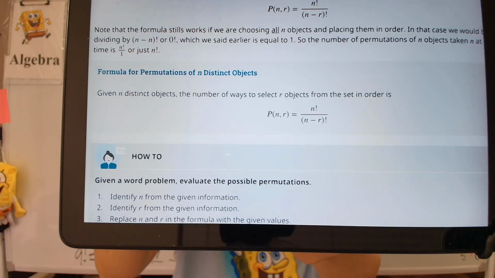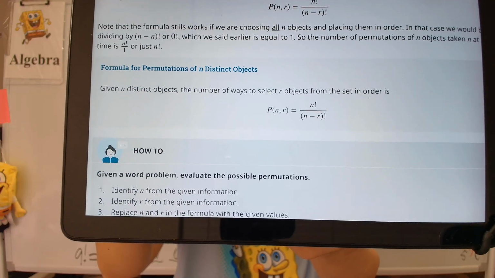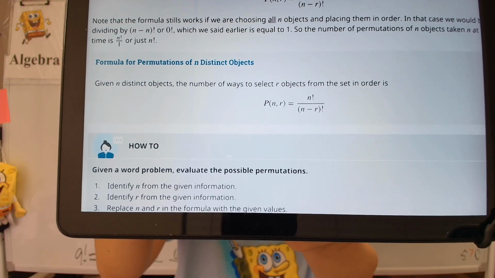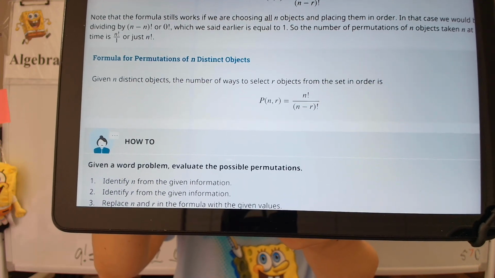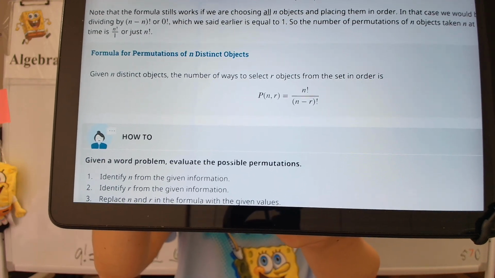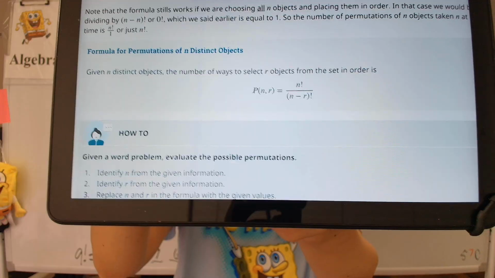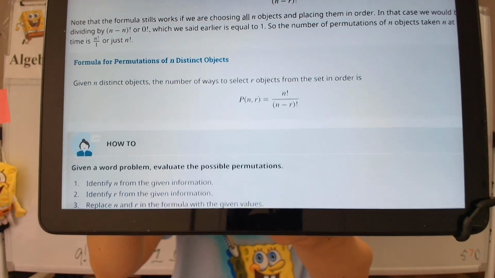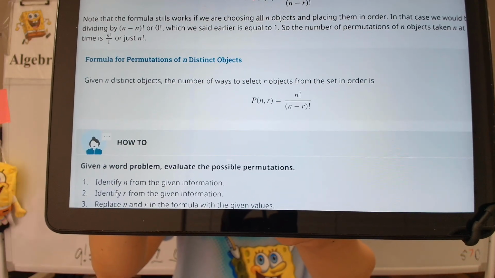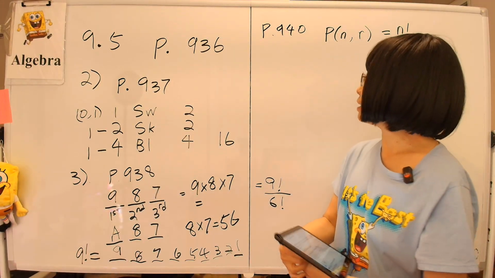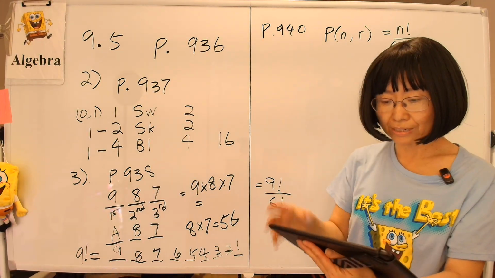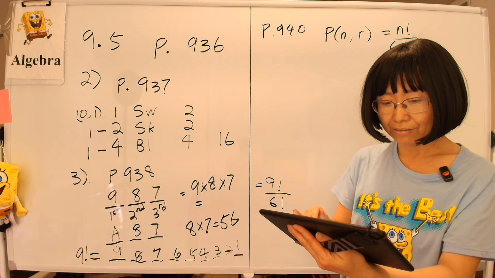So given 9 distinct objects, the number of ways to select r objects from the set is P(n,r) equals n factorial, that's 9 factorial, divided by n minus r, that will be 6 in our example, 6 factorial. And that's how you calculate. You can follow that principle to calculate in general.